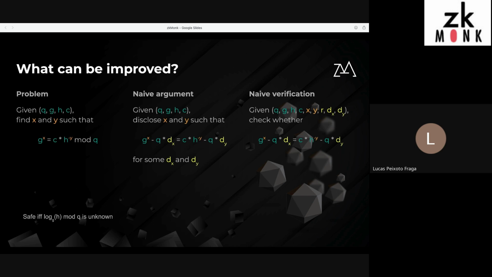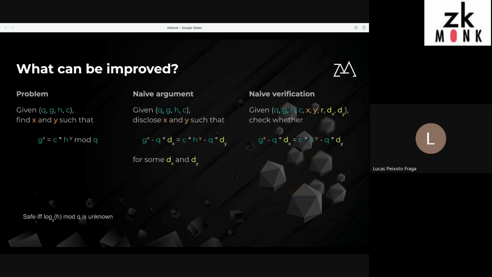We need to trust that someone chose these values faithfully, and this is a big problem because we don't want to trust anyone. Ideally, we want to remove any source of weakness, and trust in people is a source of weakness for zk proofs.